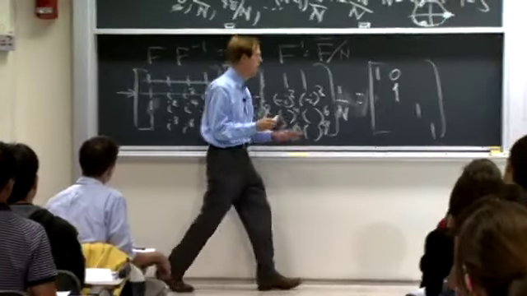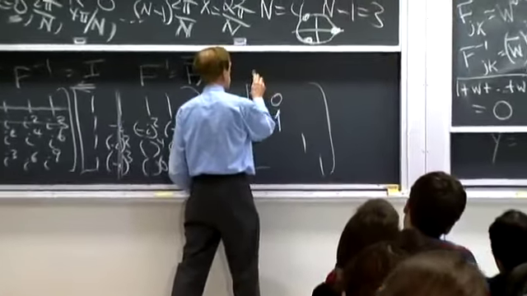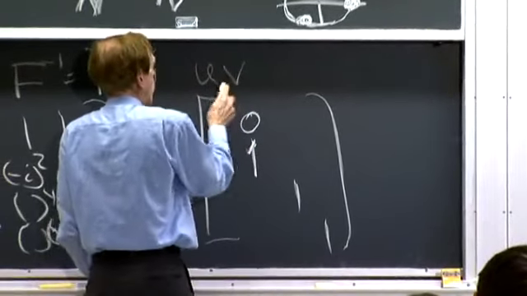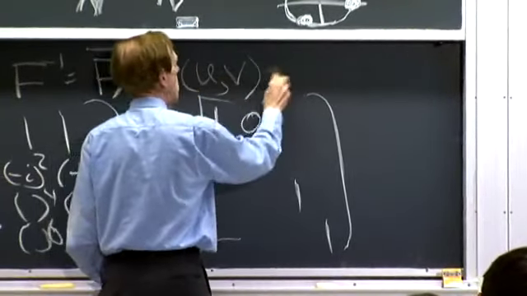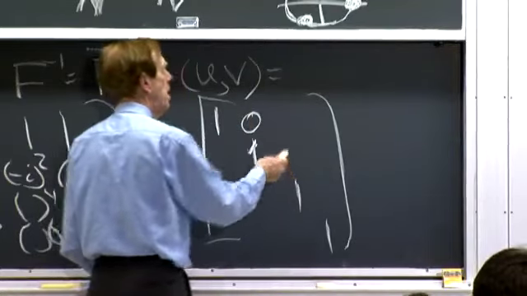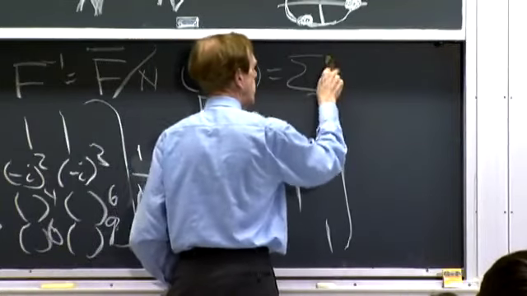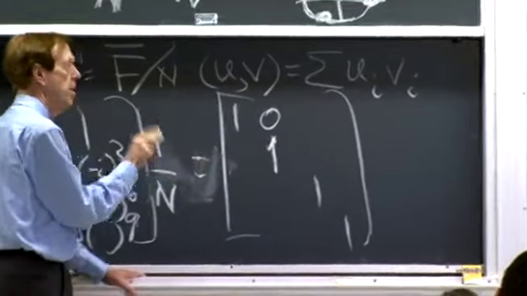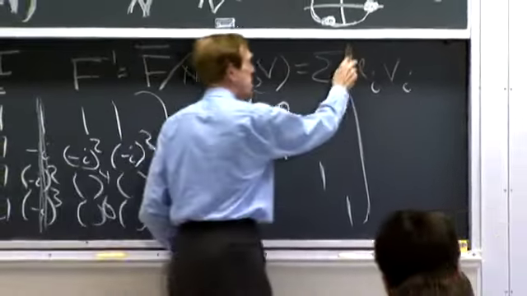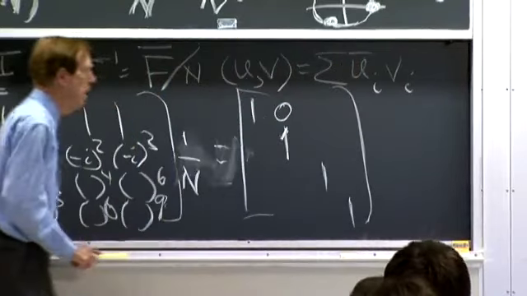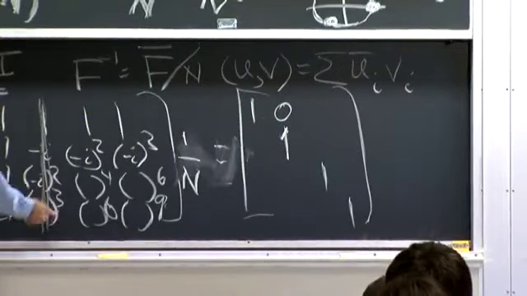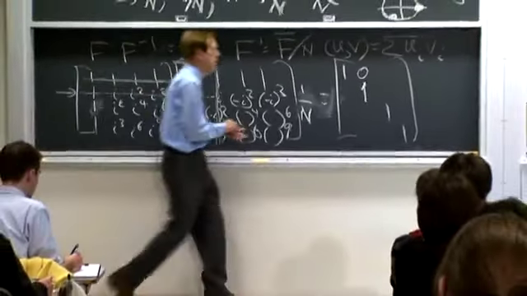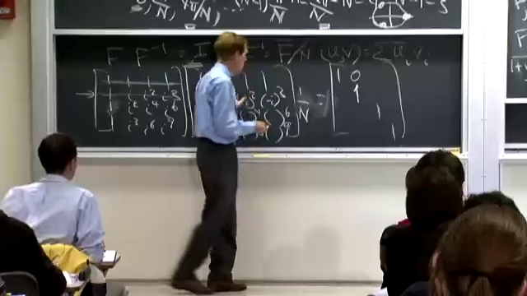I'm just reminding you that the inner product of two vectors, u dot v or u comma v, used to be the sum of ui vi. But now we're in the complex case, so we should take the conjugate of one of them. And here, I guess that's the v, and this is the u.